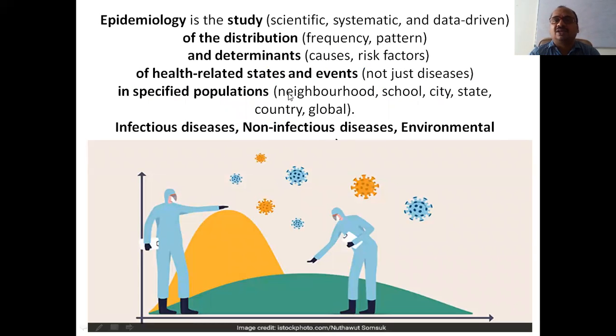Here we will try to understand what epidemiology is. Epidemiology is the study, first look only at the bold lines, of the distribution, meaning how the disease is distributed, and determinants, meaning the causes of the disease. Take the best example, the present pandemic situation, corona.